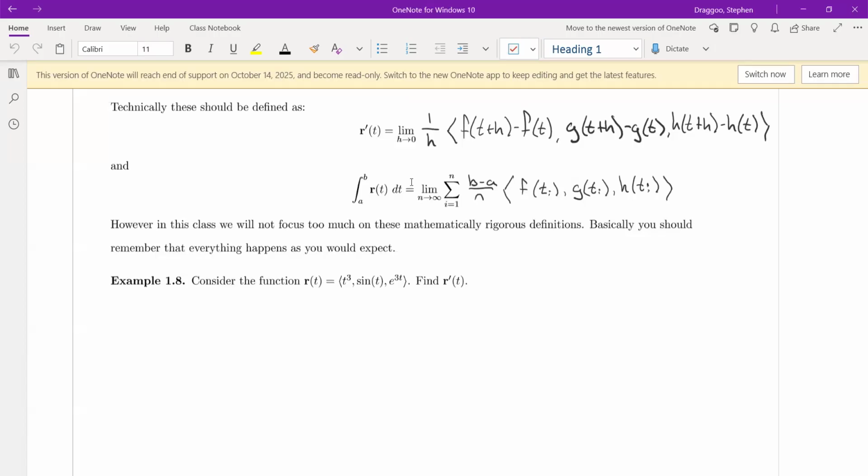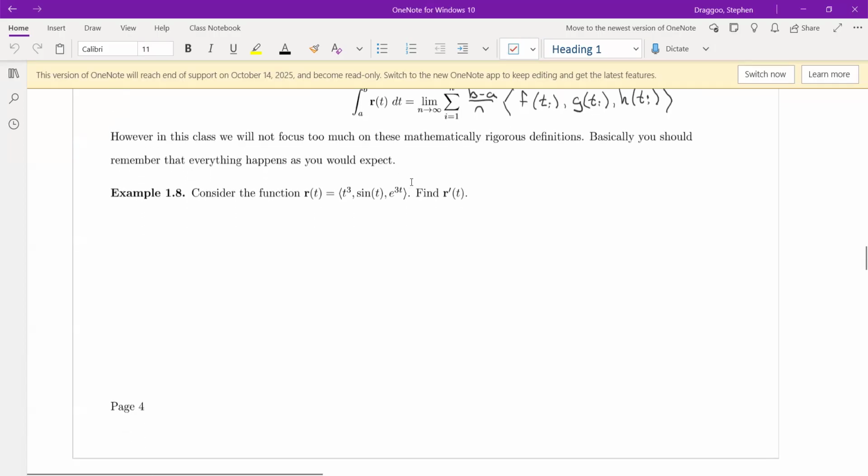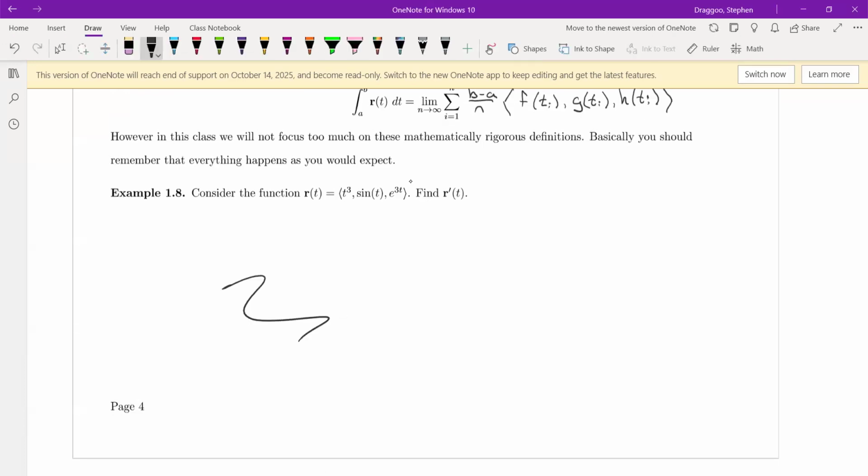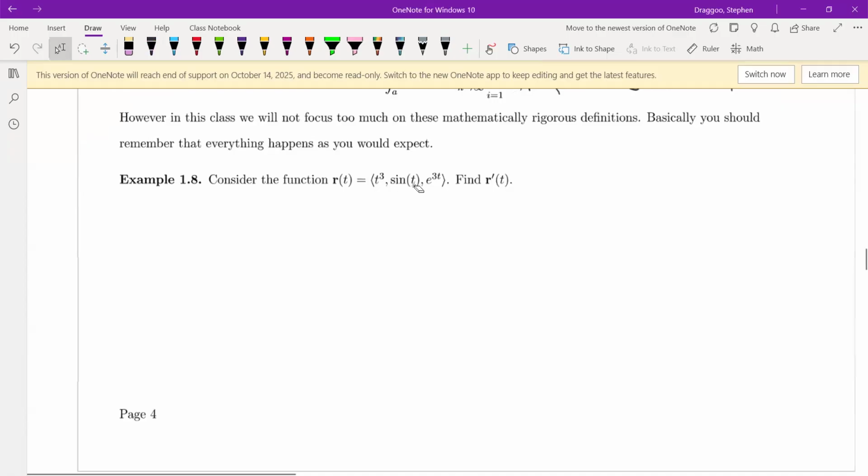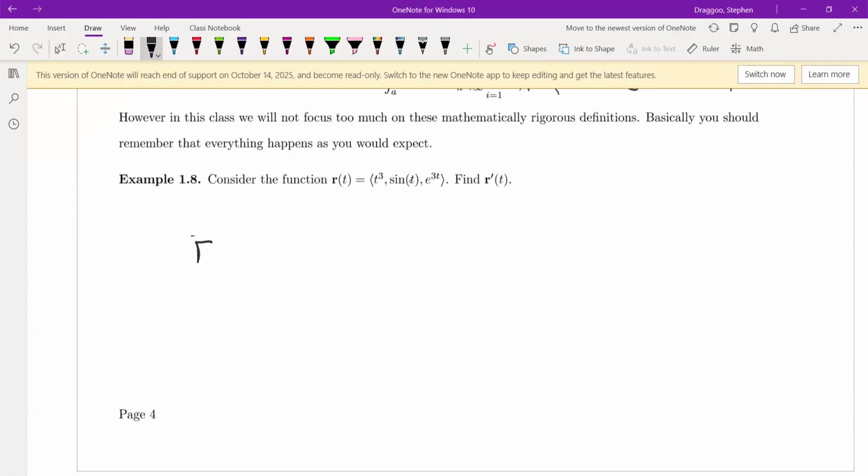So considering the function r of t is that function that you can see before us, let's find r prime. So the derivative of that vector function, r prime of t, is just three derivatives right down the line. Derivative of t cubed is 3t squared.